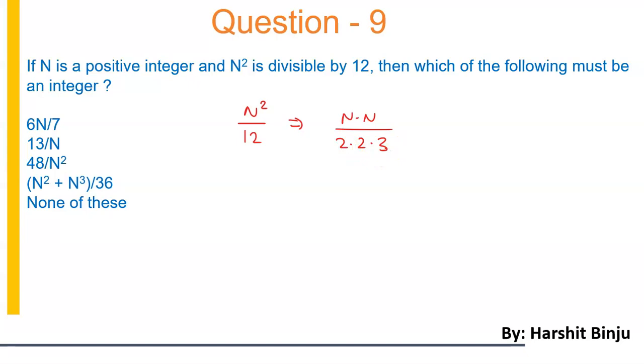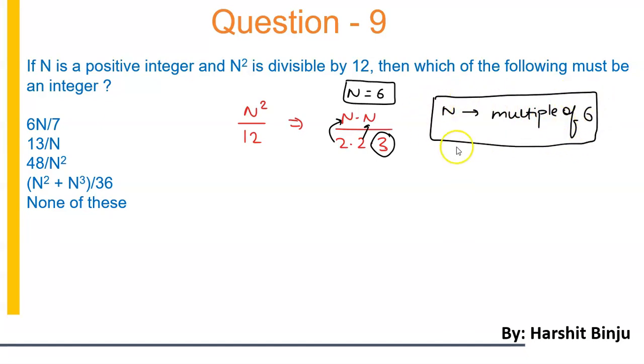There are 2 2's, so one 2 will go to one n, another 2 will go to another n. 3 is a lone number, so it will go to both the n's. So n will be a multiple of 6. Smallest possible value of n is 6, but n will simply be a multiple of 6. Or you can write n in the form of 6i, where i is an integer.